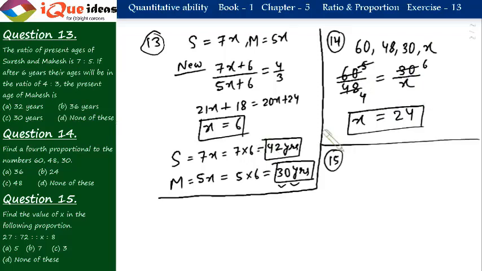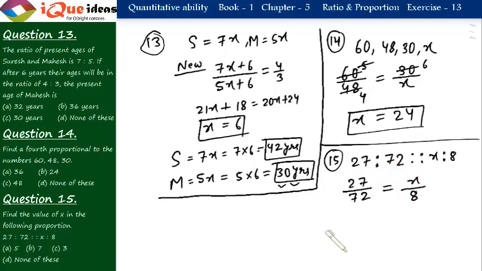Question number 15, it says the same thing. Find the value of x in the following proportion. 27 is to 72 equivalent to, this is the sign of equivalent, that is equal to, x is to 8. So what we do, 27 upon 72 equal to x upon 8.